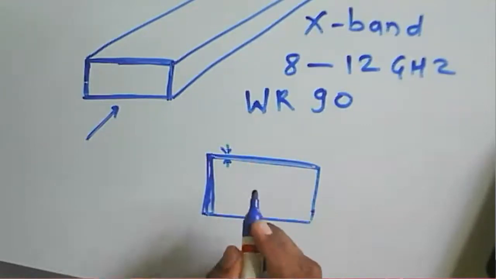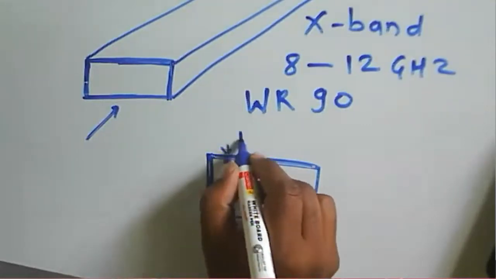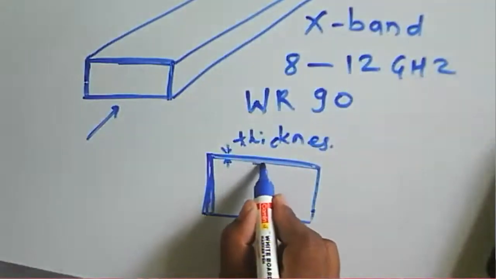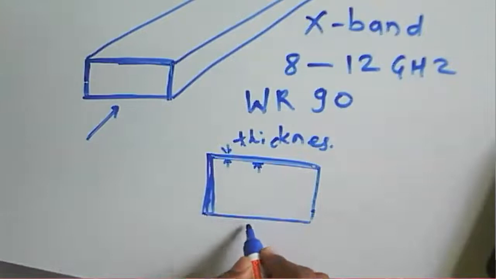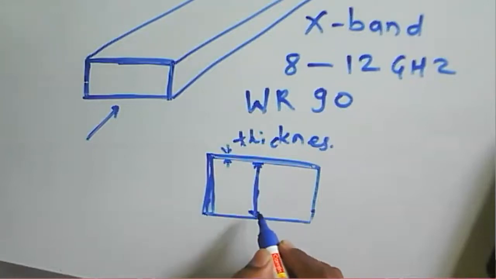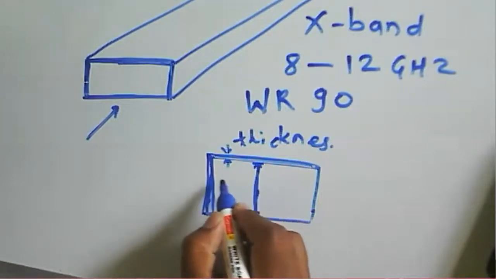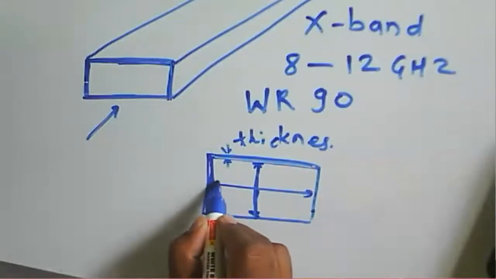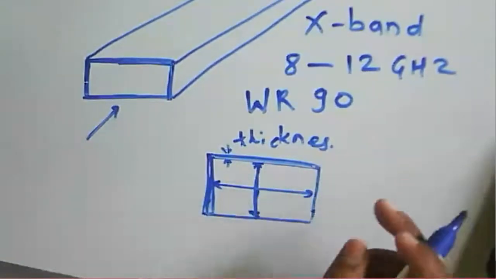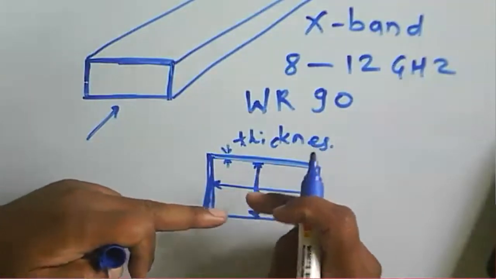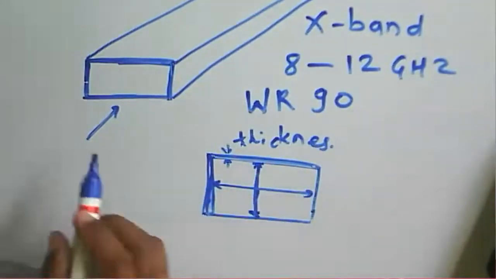But from this particular place, from the internal side, this is the internal length, or we can say the inner width or inner height. So what will be the inner width and the inner height of this rectangular waveguide?